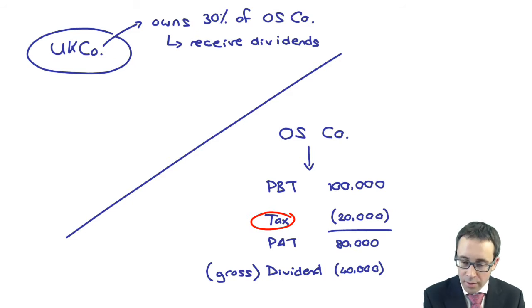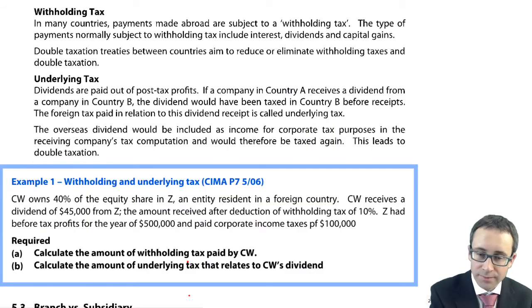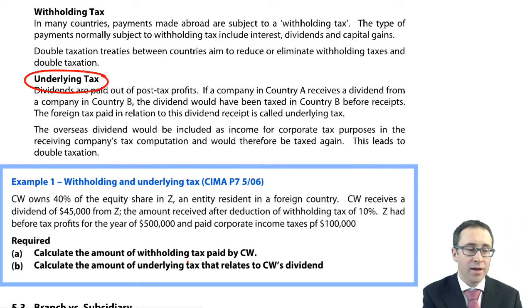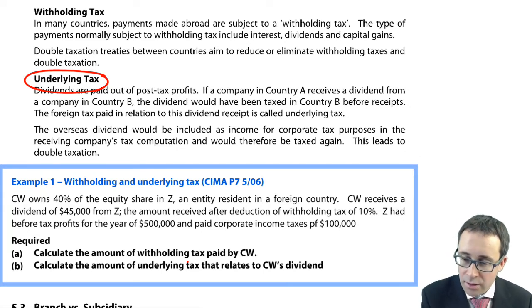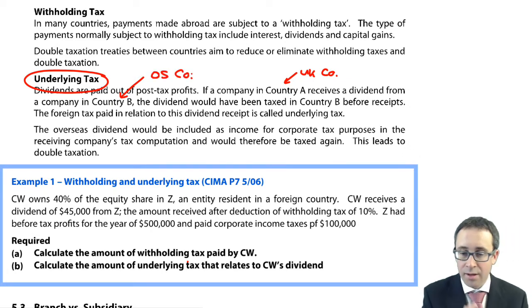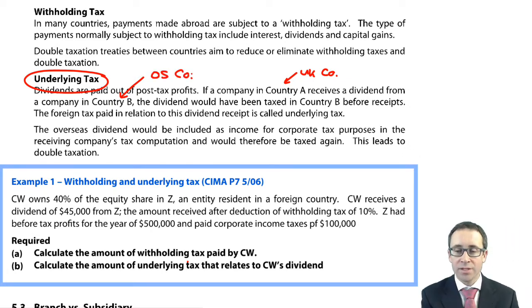Okay, so going through and looking at these definitions, the underlying tax is the tax on dividends that are paid out of post-tax profits. So if a company in country A receives a dividend from the company in country B, so country A was our UK company, country B was our overseas company, the dividend will already have been taxed in the overseas company before we get any receipts.